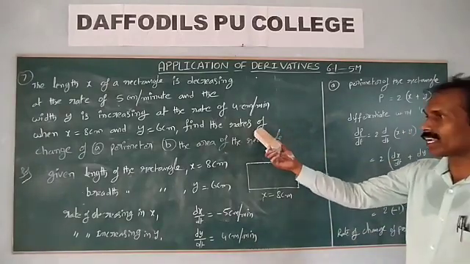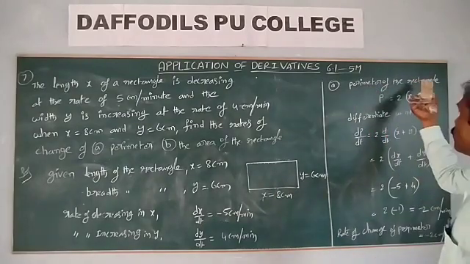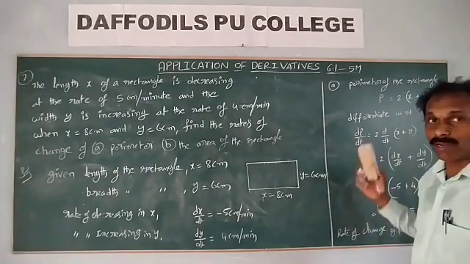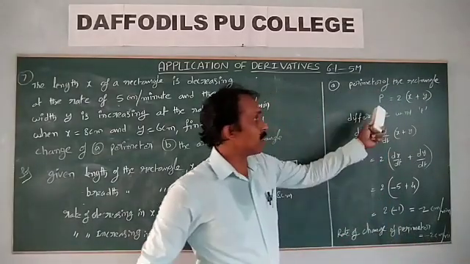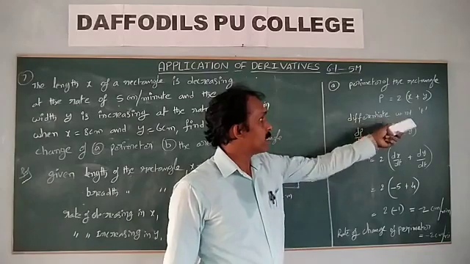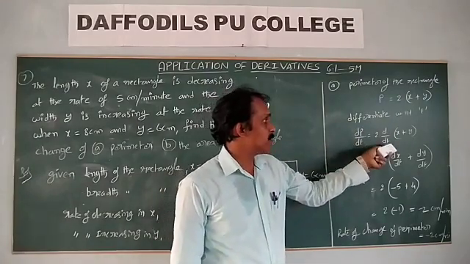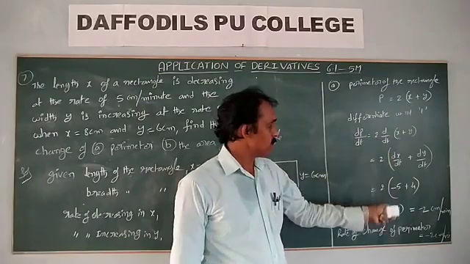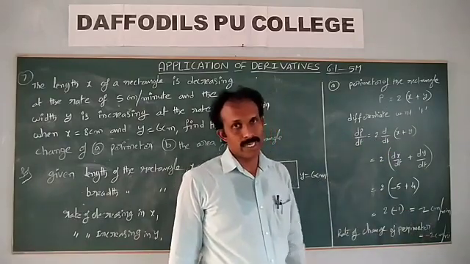Next, they ask to find the rate of change of perimeter. First write the formula. Perimeter of the rectangle P is equal to 2 times x plus y. Differentiate with respect to t. dP by dt is equal to 2 times dx by dt plus dy by dt. The 2 is outside as a constant. So finally we got the answer minus 2 centimeter per minute.